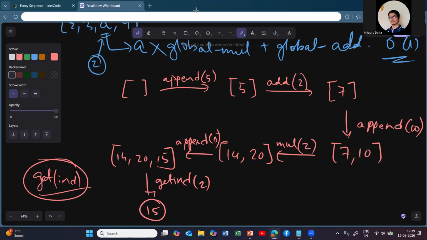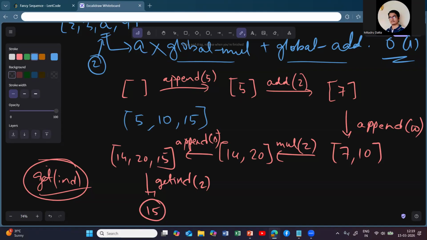Now, what were the actual elements which you appended into your array? It was 5, it was 10, and it was 15. We just told that we are using a global multiplier and global adder. I am not modifying each element, because that will make me iterate the whole array.